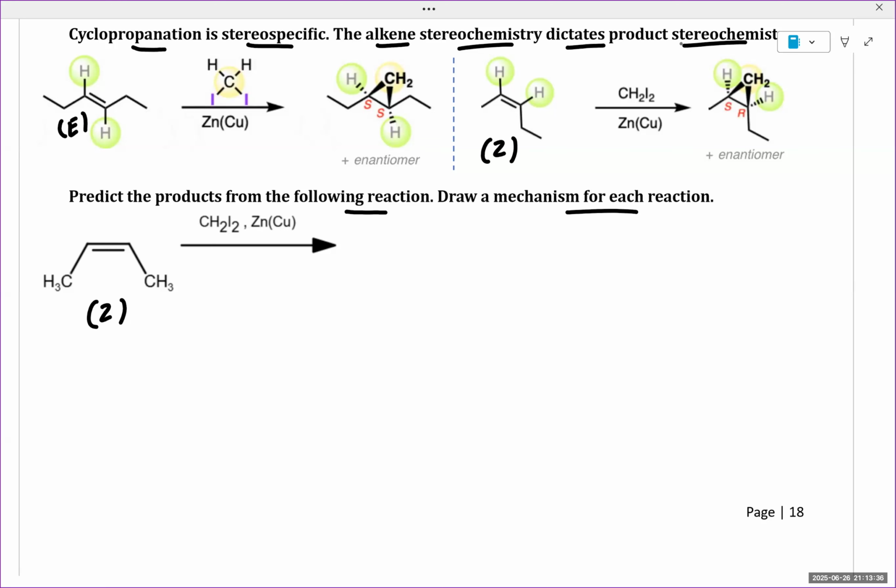Okay, so first and foremost, treatment of, in this case, diiodomethane with zinc copper alloy generates a carbene. Next, we're going to see concerted formation of the two carbon-carbon bonds.